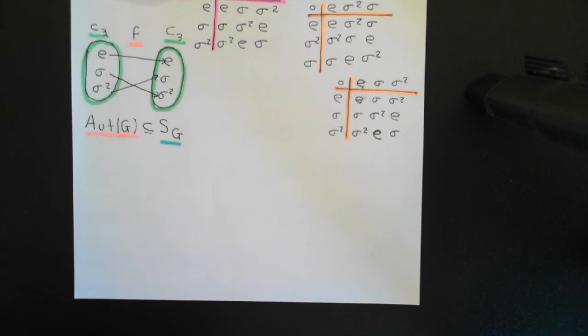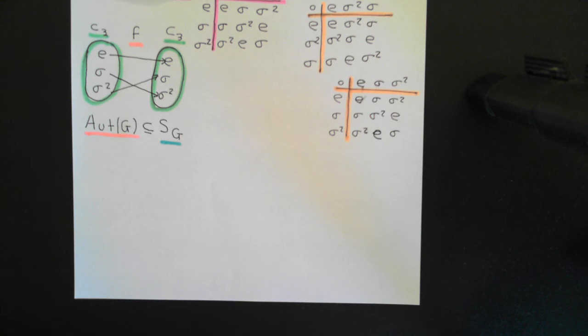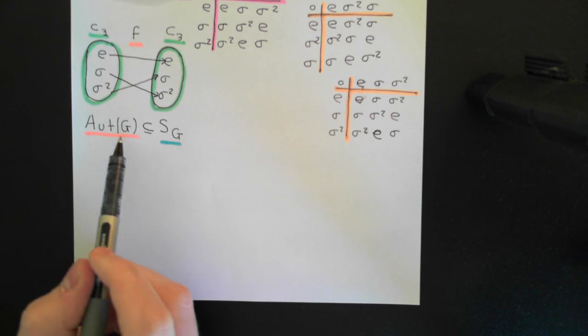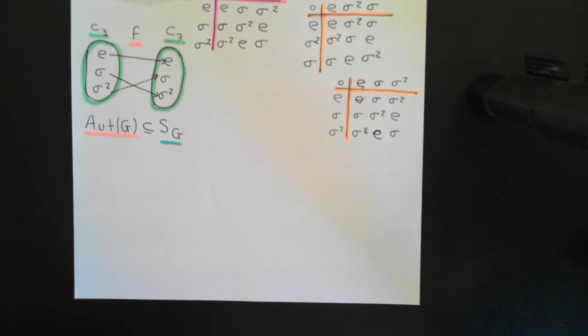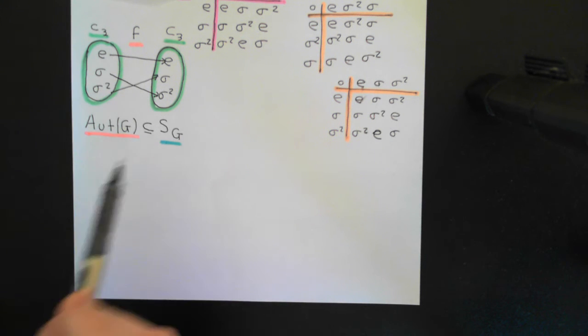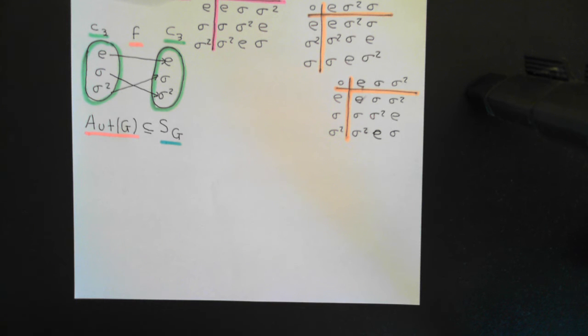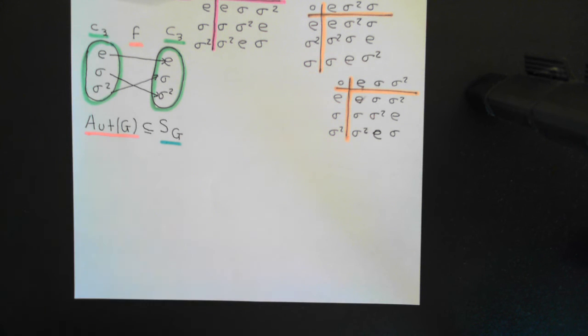So all of these set permutations that are actually automorphisms that obey this isomorphism property will be somewhere within the symmetric group on the set G. That means that the automorphisms of G is a subset of the symmetric group on the set G.